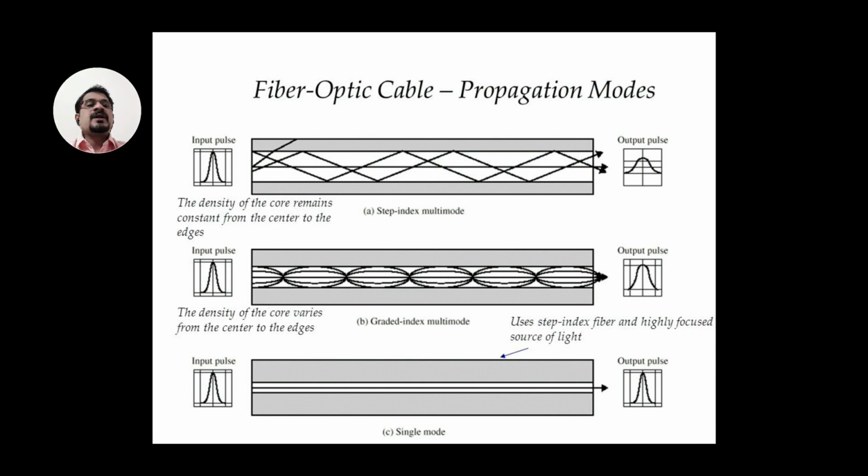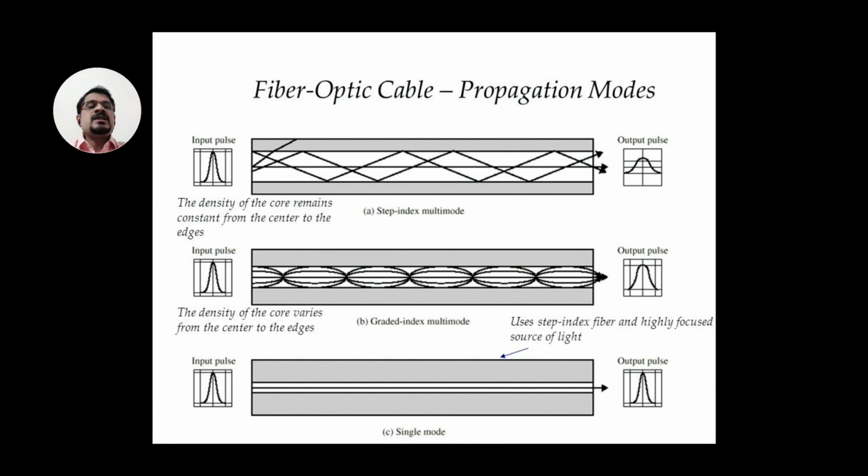So all the rays are going to be internally reflected, and they reach the receiver as multiple signals at different frequencies. In the same way, in graded index multimode, the density of the core varies from the center to the edges.